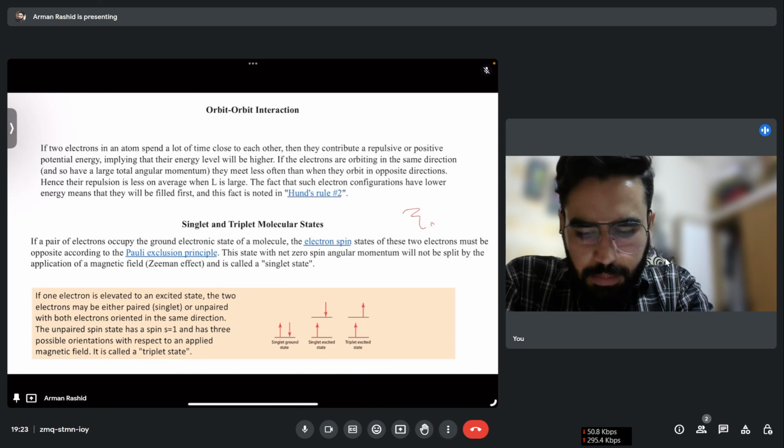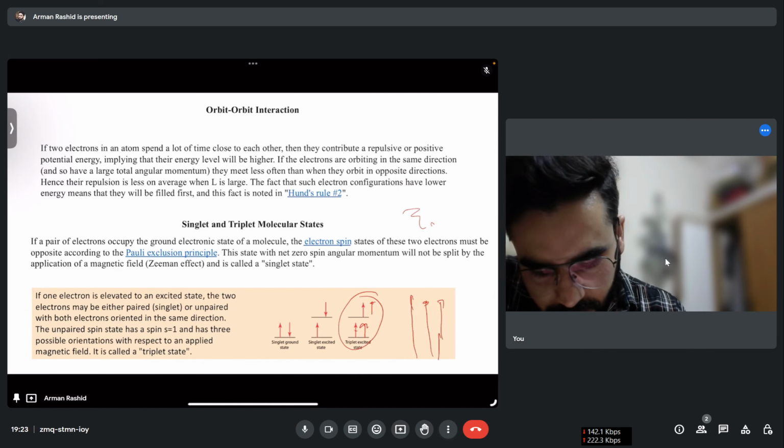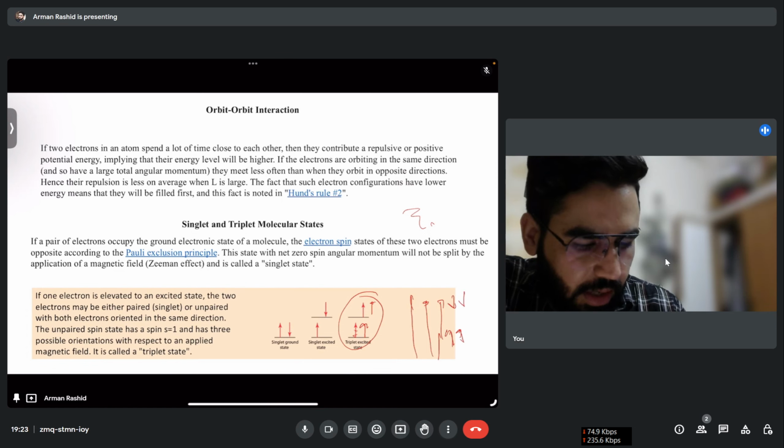But in the excited state, where the two spins are in the same direction, if we put it in an external magnetic field, for example we apply a magnetic field along this axis, now there can be different states. They can orient themselves towards the magnetic field, against the magnetic field, or sort of sideways like this.